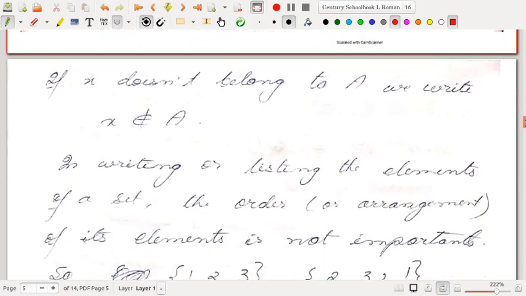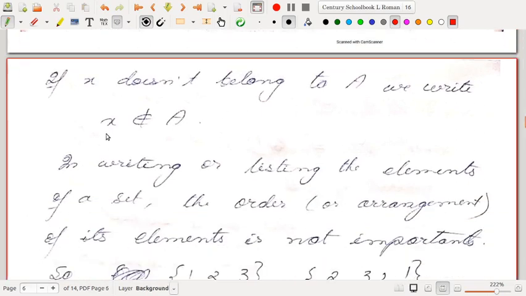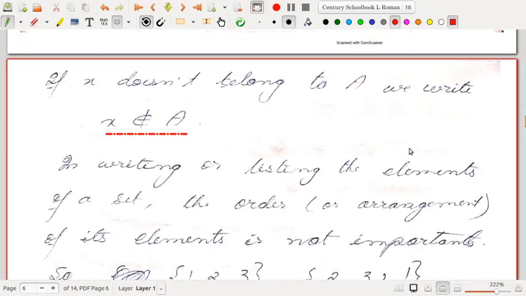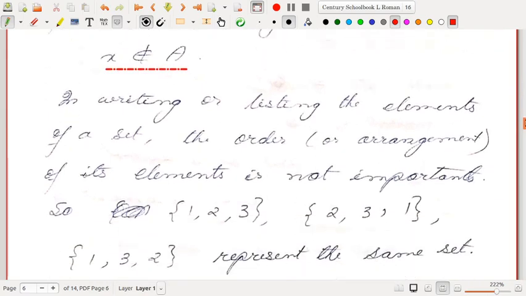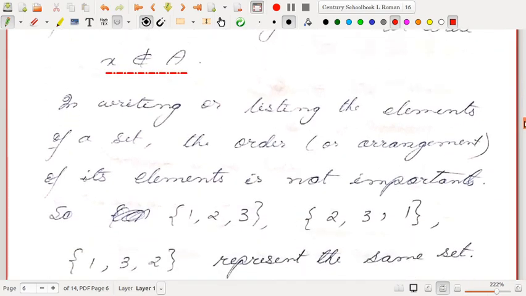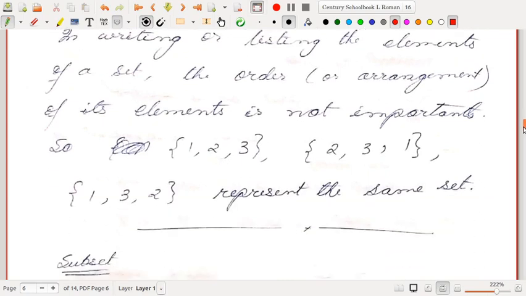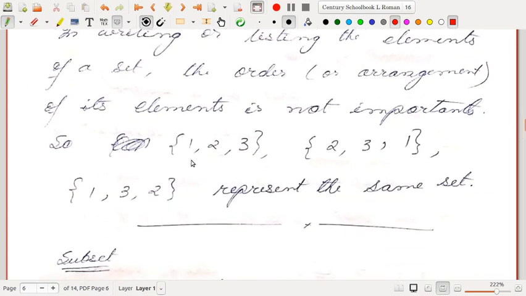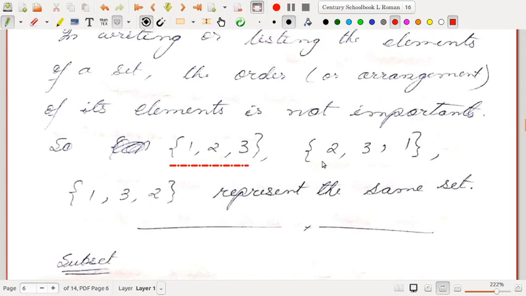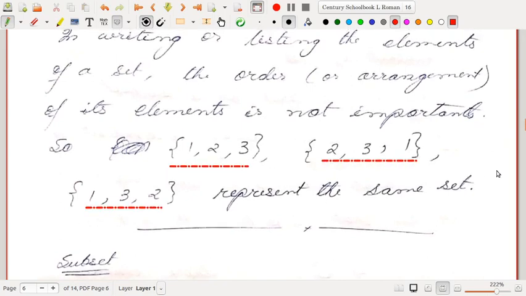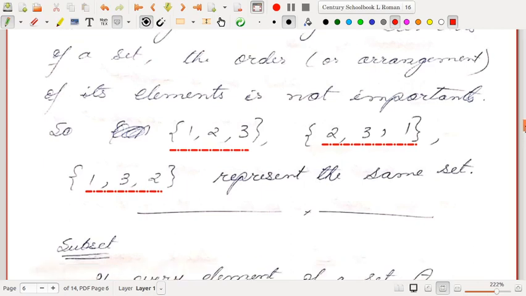If x does not belong to A, we will write x ∉ A, right? This symbol. So in writing or listing the elements of a set, the order or arrangement of its elements is not important. So the collection 1, 2, 3, the collection 2, 3, 1, the collection 1, 3, 2, they all represent the same set.